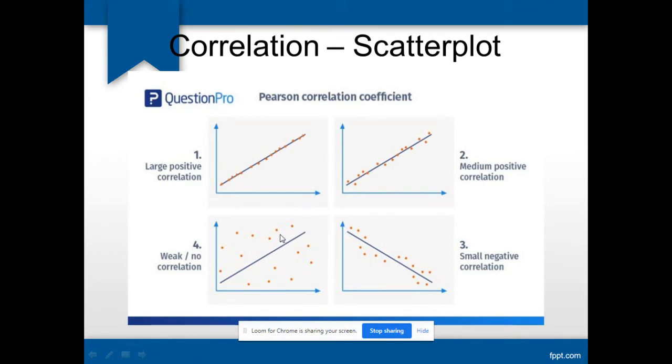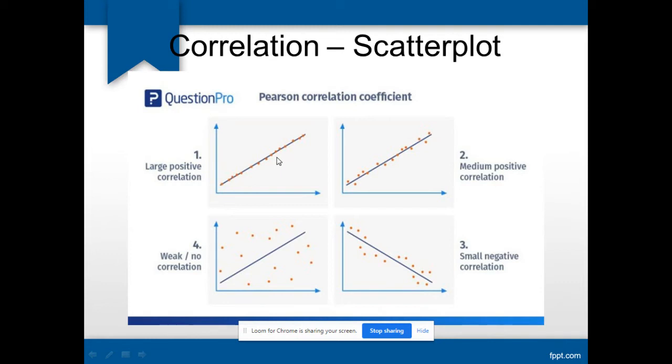And then there is another one. The last one that I've talked about is weak or no correlation. So here you cannot draw this line because the scores happen to be scattered everywhere here, like that. Yeah. You cannot draw a straight line.